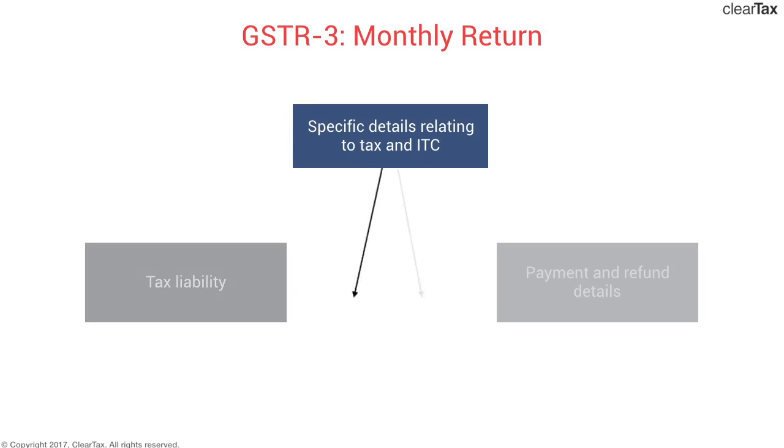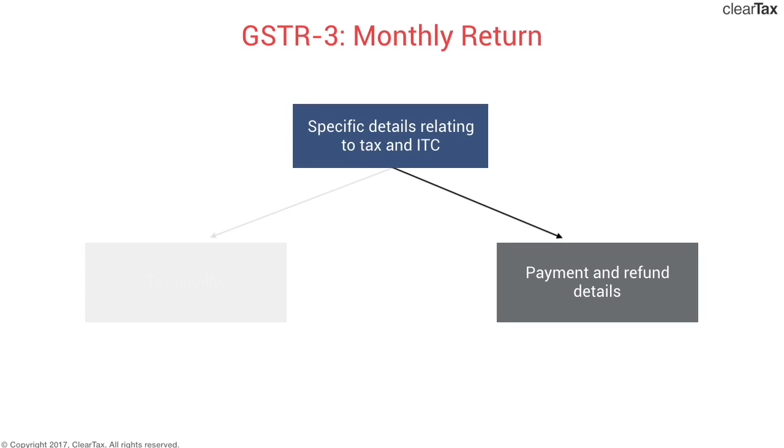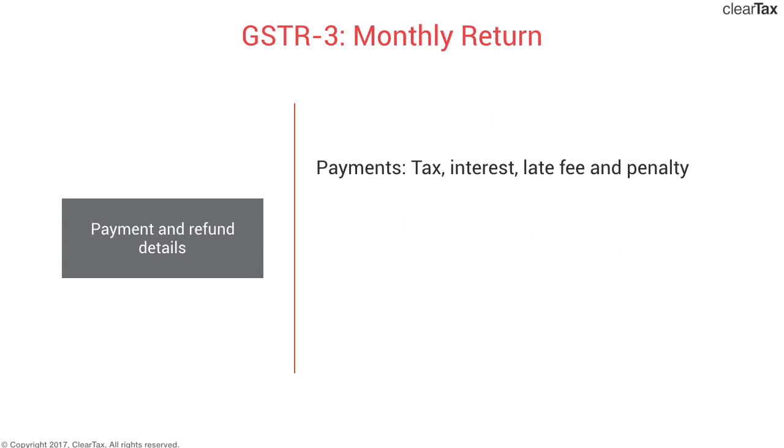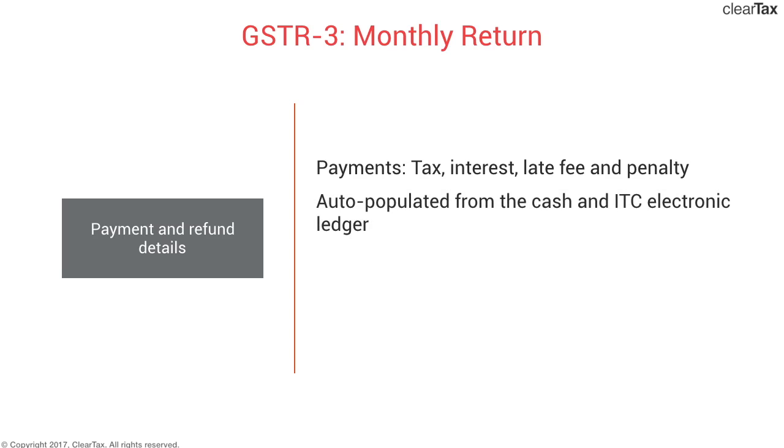Moving on to the last one of payment and refund. This is simple. You'll have to capture all your payment details, all the challans that you've filed, tax, interest, late fee and penalty divided across the 3 types of taxes: IGST, CGST and SGST. This again is auto-populated from the cash and input tax credit electronic ledger.